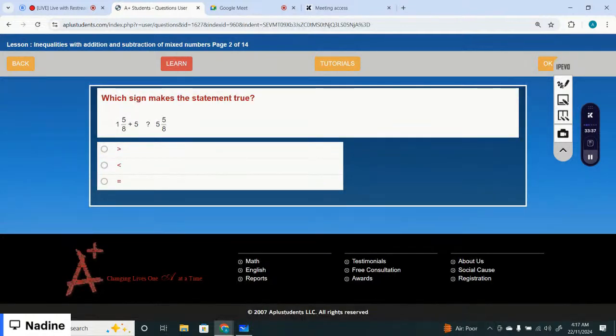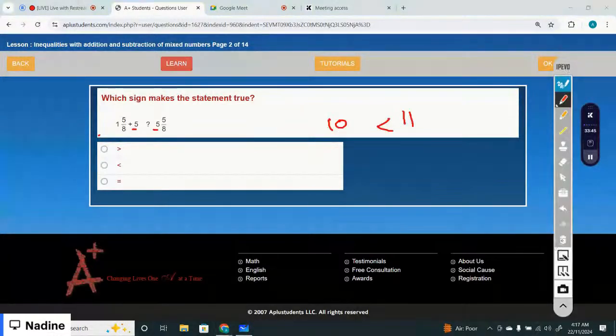Okay, 1 whole 5 over 8 plus 5, and you have to compare it to 5 whole 5 over 8. So just look at their whole numbers. You have 5 here. Here the whole number is 5 and 1, 6. So which is the correct option?